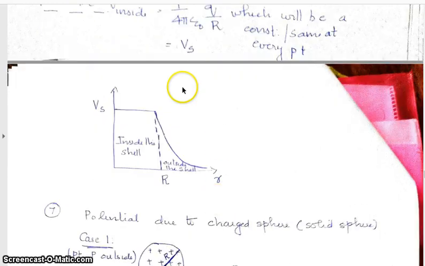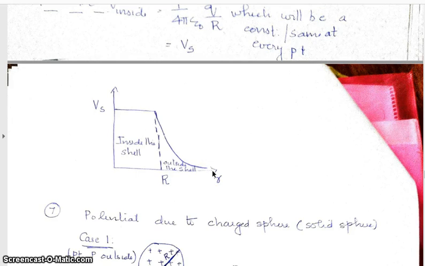Clear? And this is a graph showing the variation between Vs and R. Inside the shell it will be constant like this, and after that it will slowly start decreasing.